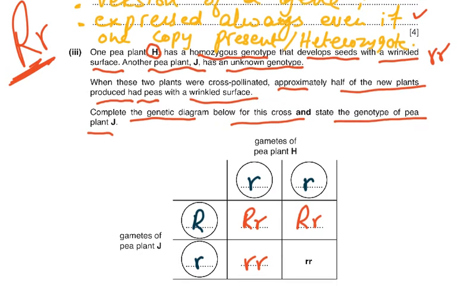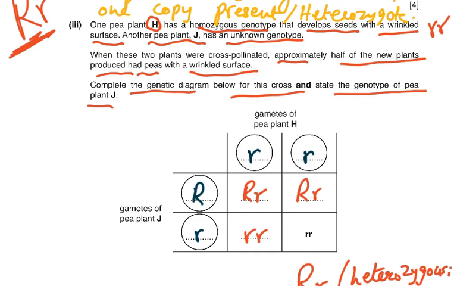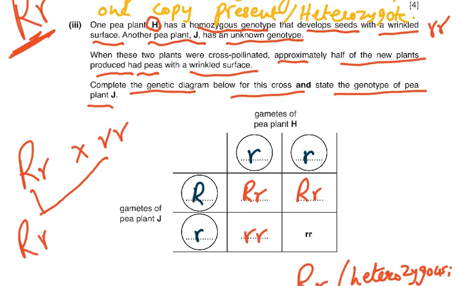Now we know the J must be, because if you have this, this is what you have to understand. Then you have this and this combining, and then we have another one of this combining, and then we have of course this. So when do you have a 1:1 ratio, or a 2:2 ratio?